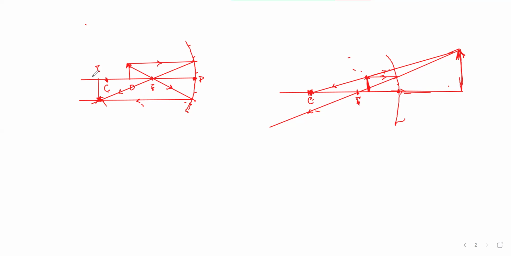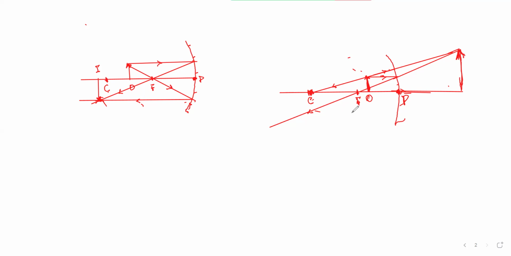The only time a concave mirror forms a virtual image is when the object is between the pole and F. All other positions must give a real image. Once the object appears between the pole and F, the image will be virtual.